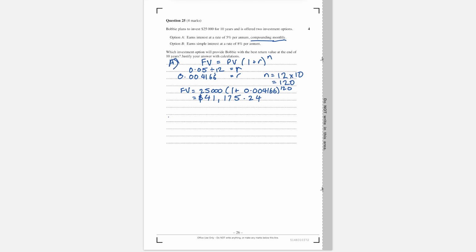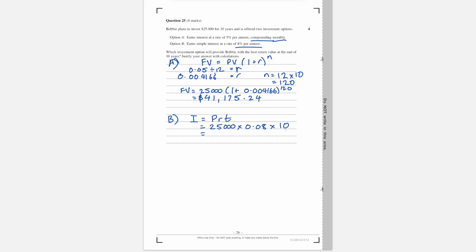All right, now let's look at option B, and that's simple interest. So there our formula is I equals PRT, where P is our principal value, that's 25,000, and our rate given is 8% per annum. We don't need to do anything to that, so we just put in 0.08, and then our time is 10 years.